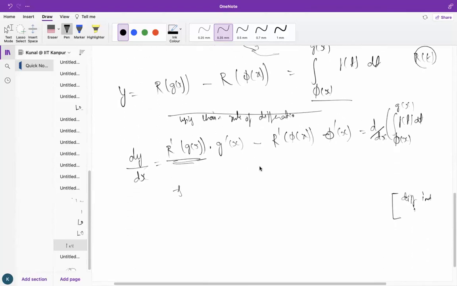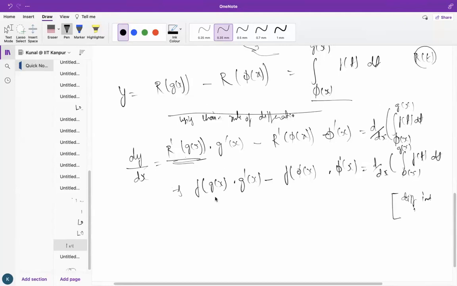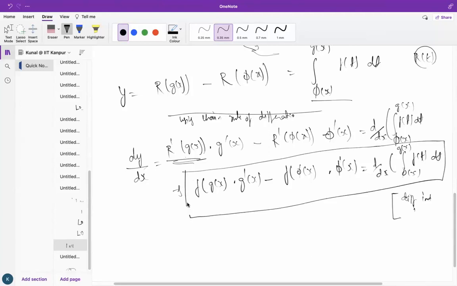So we can write this as r dash of gx, which is f of gx times g dash x, minus f of phi x times phi dash x, is equal to d by dx of the integral from phi x to gx of f of t dt. And this is our favorable form that we had to prove. This is the Newton-Leibniz formula, which is proved.